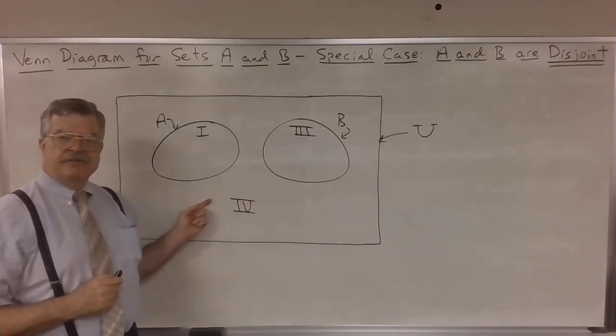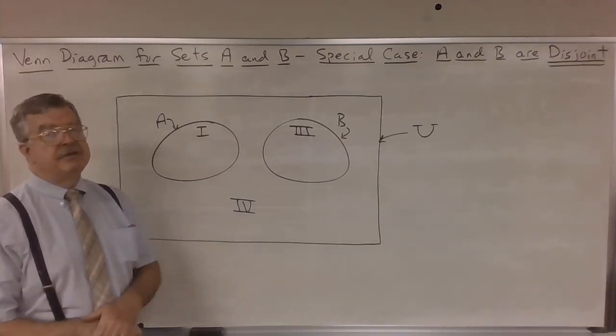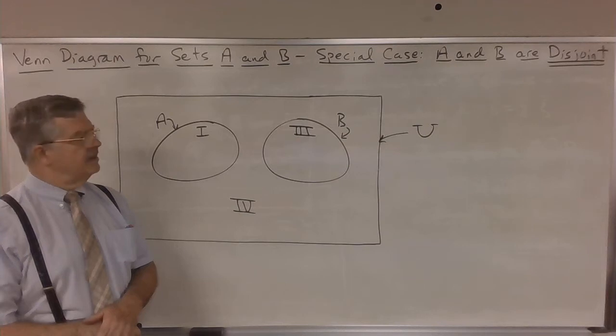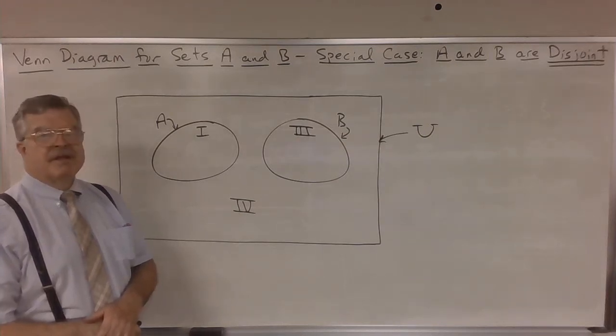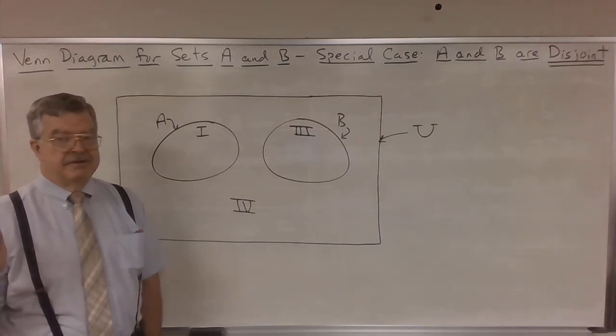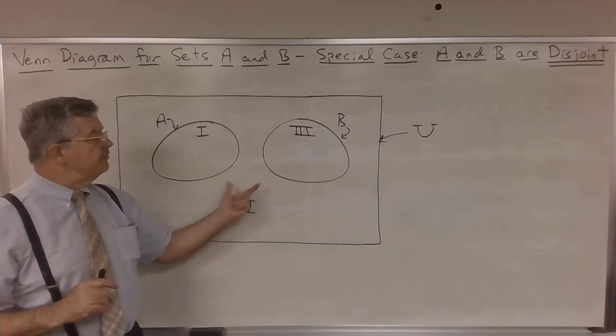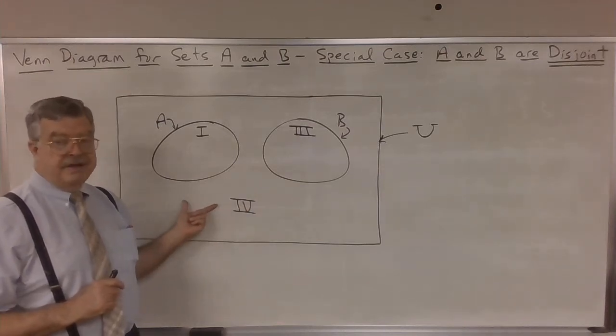So we've drawn this Venn diagram in such a way that there is no region 2. So if we know that sets A and B are disjoint, they have no elements in common, this is the way that we want to draw the Venn diagram.